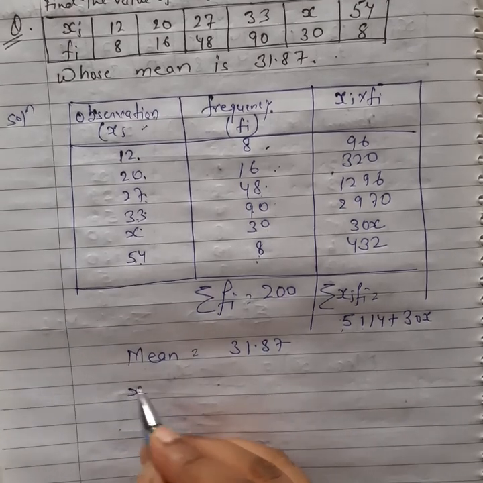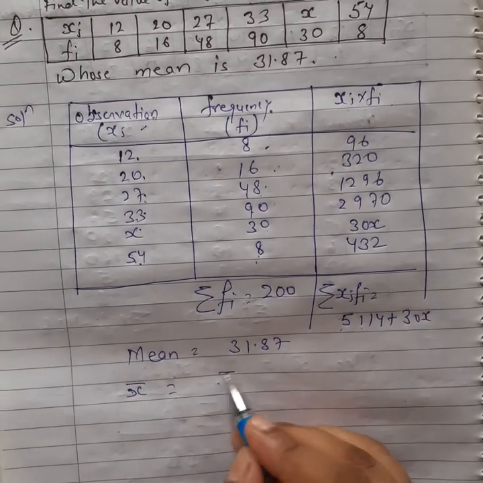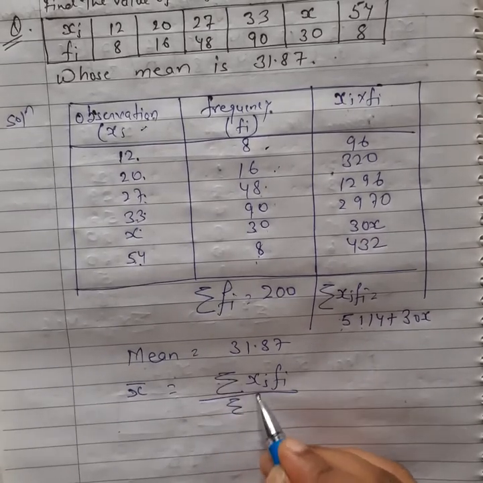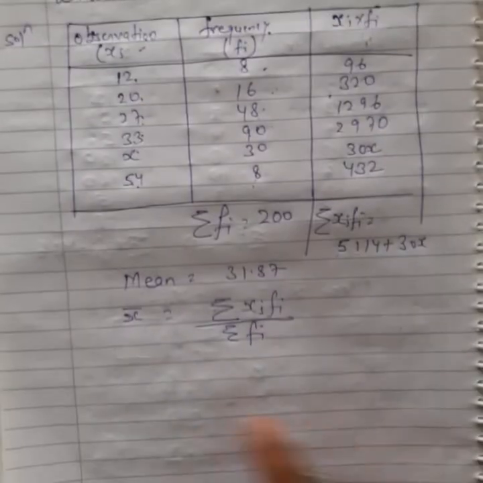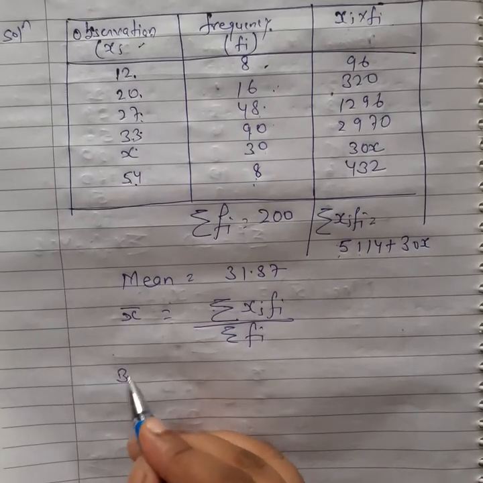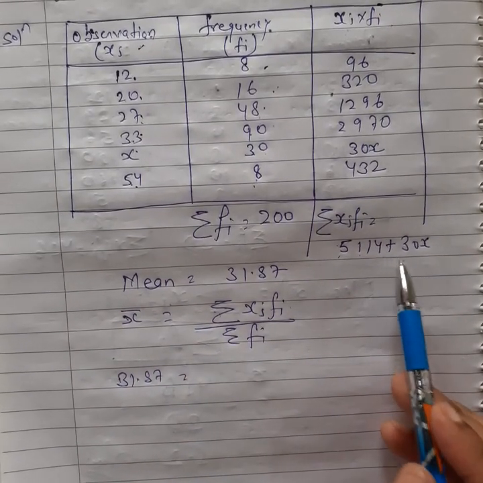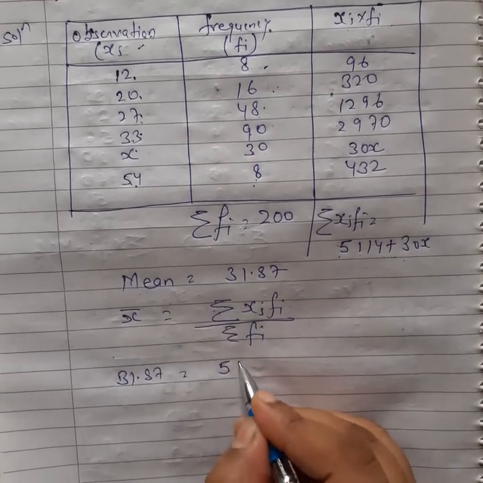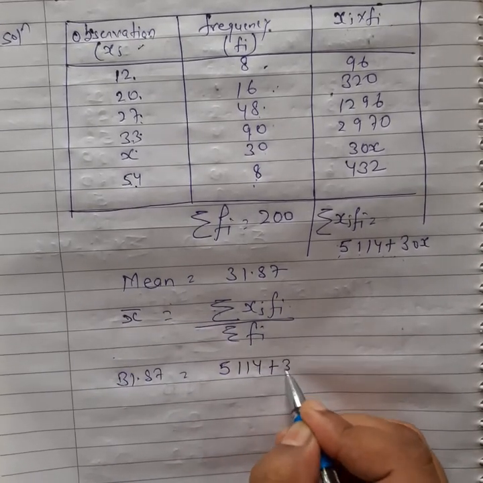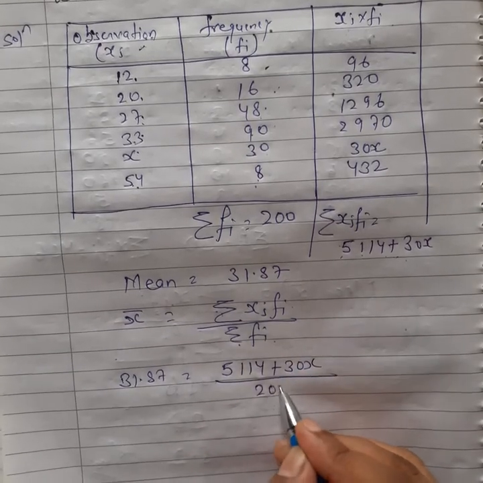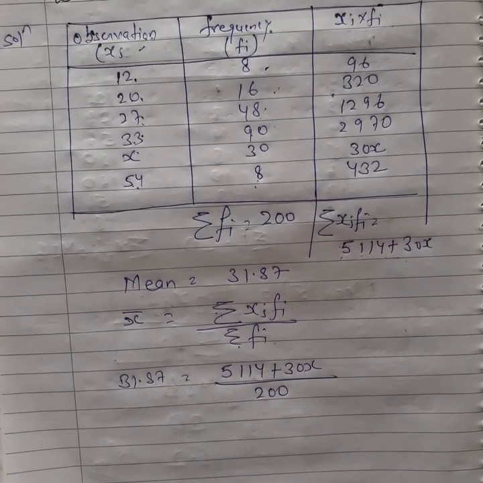Yes, x bar, that is the mean, is equal to sigma xi fi by sigma fi. Now the mean is given, 31.87, and sigma xi fi we find is 5114 plus 30x, by the summation of fi, which is 200.